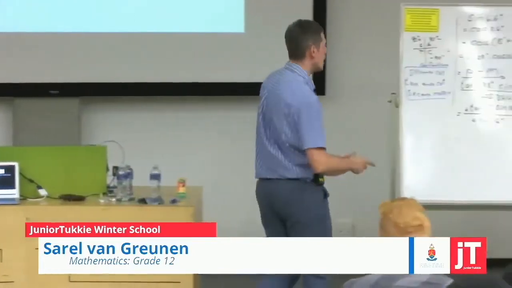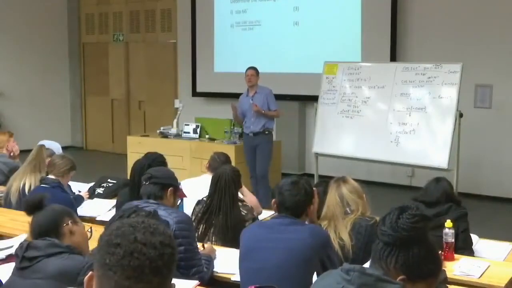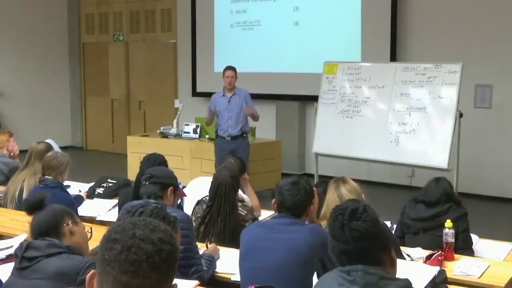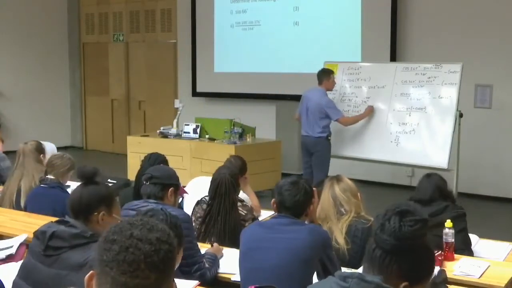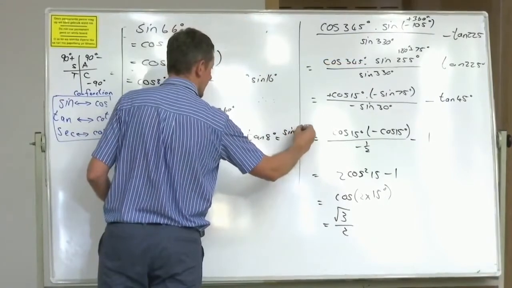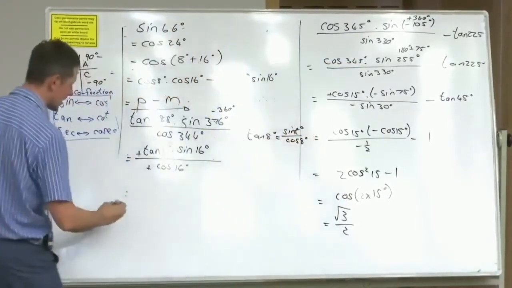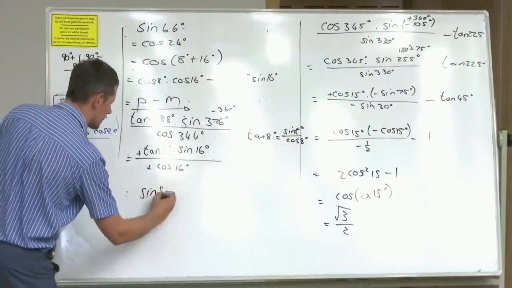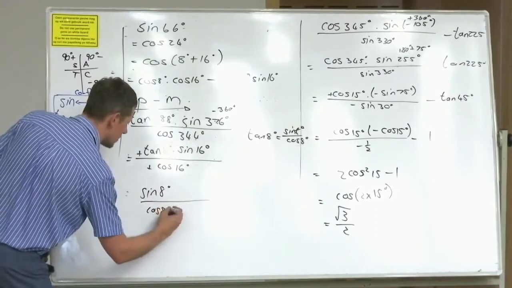Ladies and gents, let's finish this one off. I don't want tan of 8. I want sines and cosines. So what am I going to do? Tan of 8 is sine 8 over cos 8. So I'm going to do some funky magic. I'm going to put the sine 8 at the top and the cos 8 at the bottom.